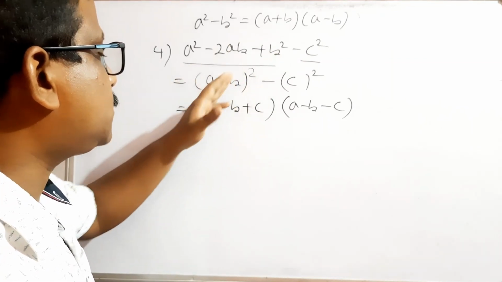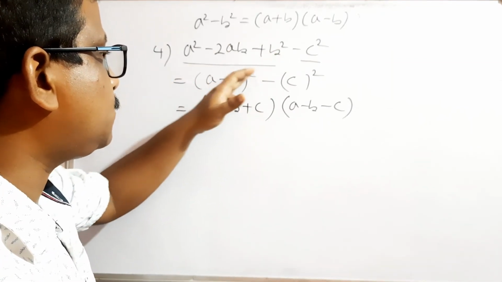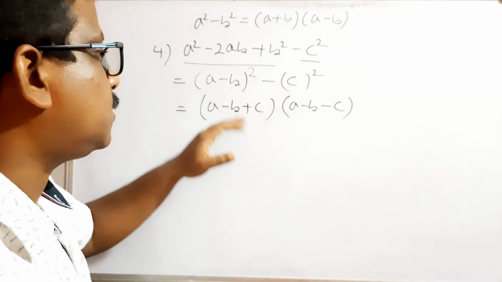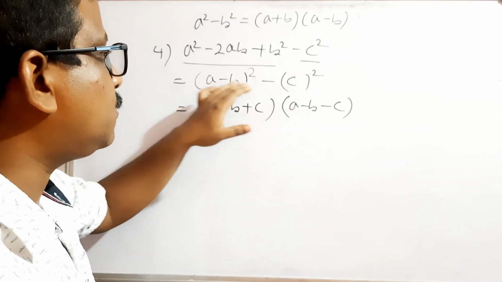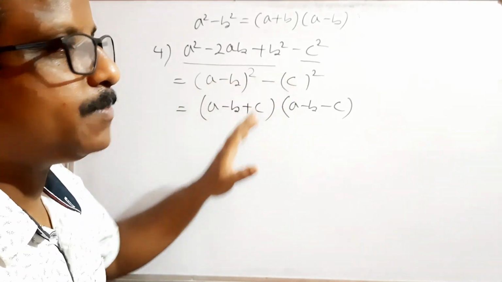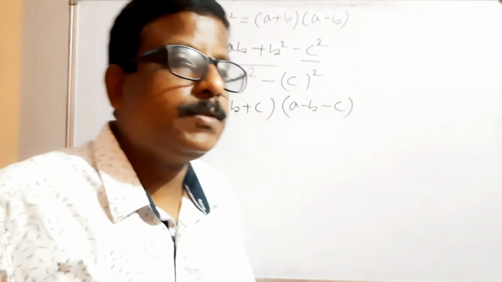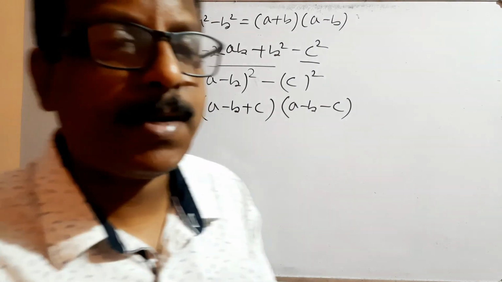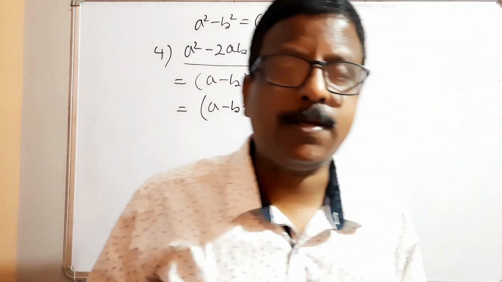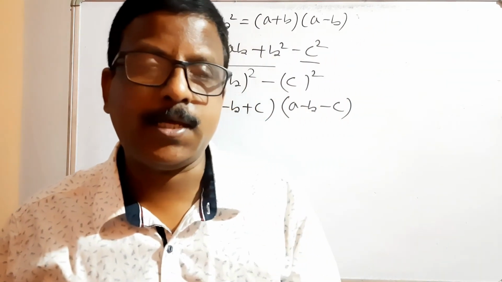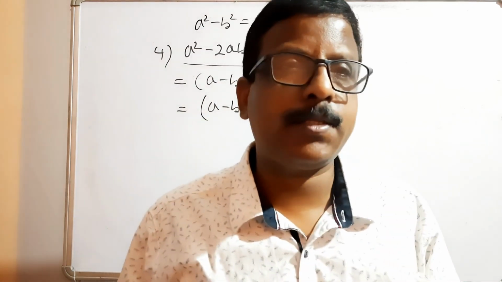When 3 terms are taken, this is a formula, a minus b whole square minus c square. So this will now come in the form of a square minus b square, so now use this formula. Understood? So in this video, we saw how to do factorization by making the difference of two squares. In the next video again I will explain another method of factorization. Okay, thank you.